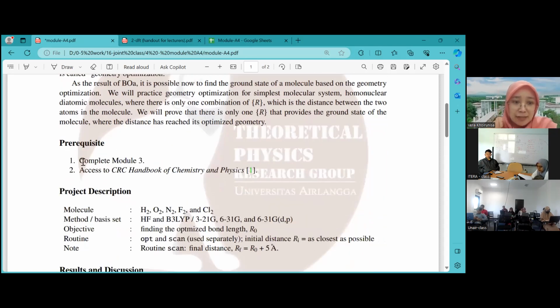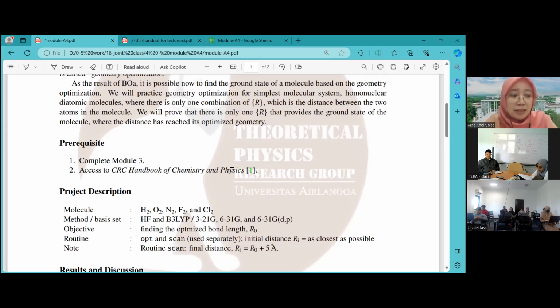prerequisite. The first one is to complete module 3. And I will remind you about the report. We extended the deadline of the report to tomorrow. So please don't forget to submit your report. And then the second one is access to the CRC Handbook of Chemistry and Physics.